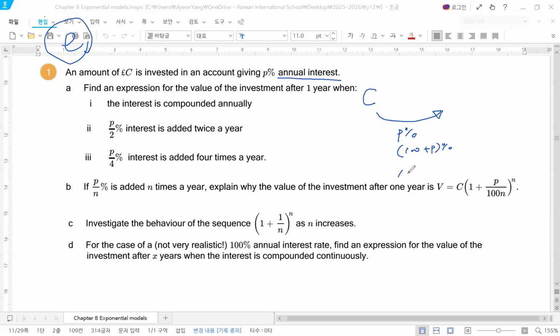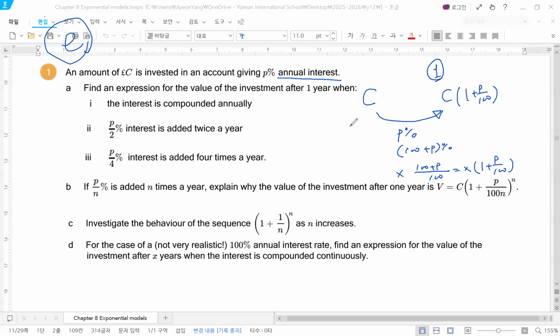So the multiplier is 100 plus P divided by 100, which is 1 plus P over 100. Therefore, the money that you invested after 1 year is going to become C times 1 plus P over 100 after 1 year.